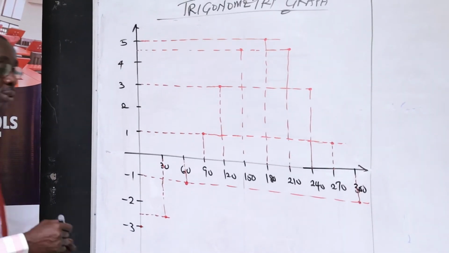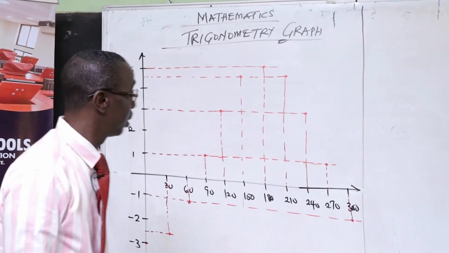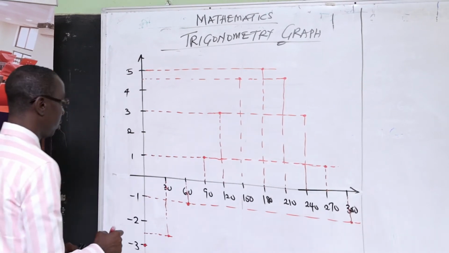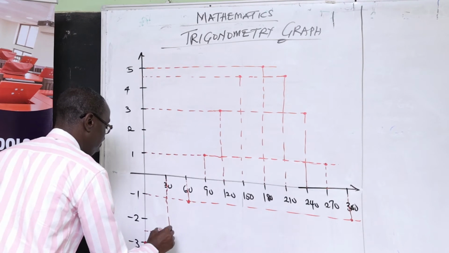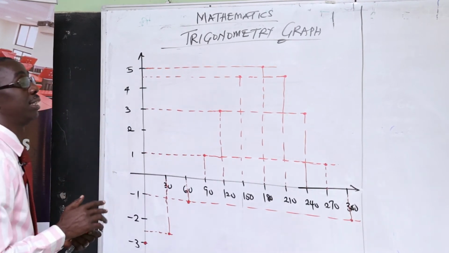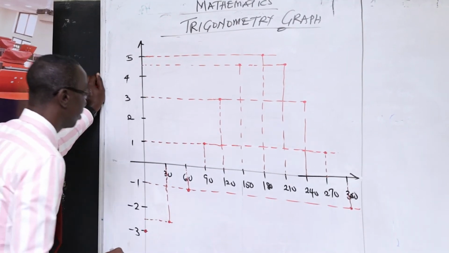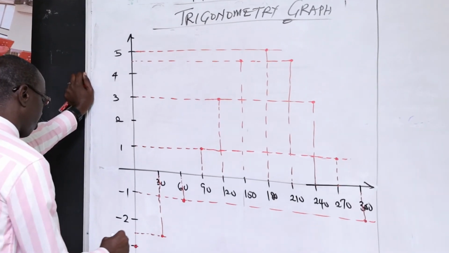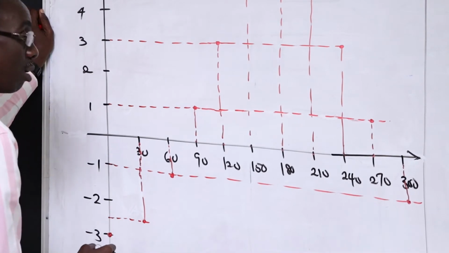It is after you have done this and you have done it correctly that I expect you to join your points together using your French curve or your free hand. If you have been practicing very well, you can take free hand with a smooth curve. Or your broom strand.